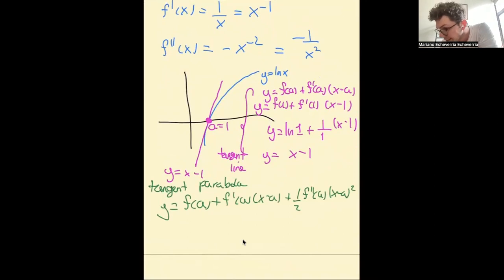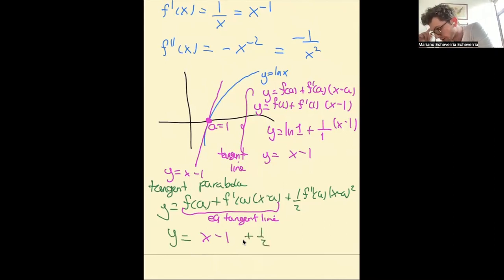So if you notice, this is exactly the equation of the tangent line. So it always starts with the equation of the tangent line. You just basically add some extra piece. So the equation of the tangent parabola is x minus 1 plus 1/2 times, what's f double prime of a?